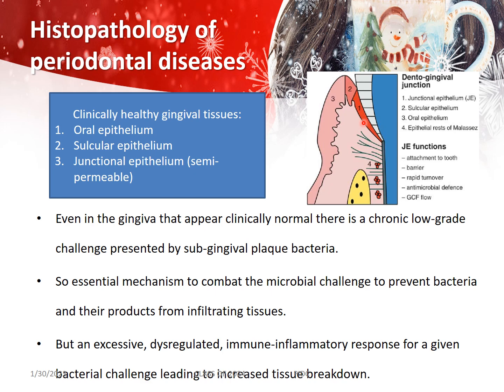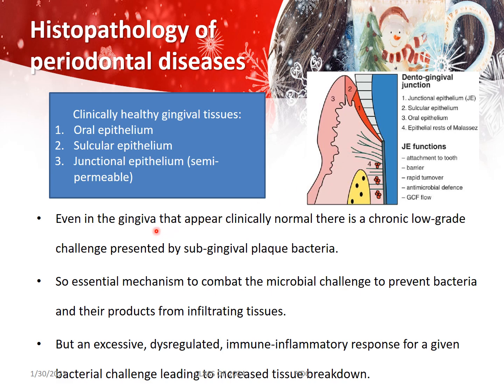Of course, it is a little semi-permeable. There is a rapid turnover of the junctional epithelium, antimicrobial defense is good, and GCF flow is good here, and therefore the junctional epithelium resists the entry of microorganisms into the connective tissue.